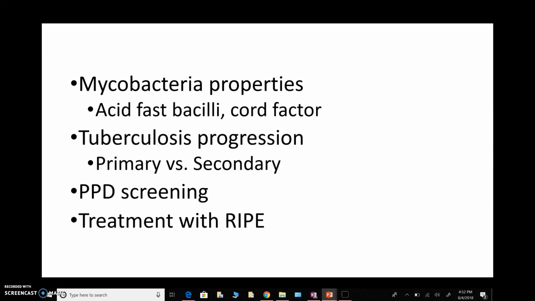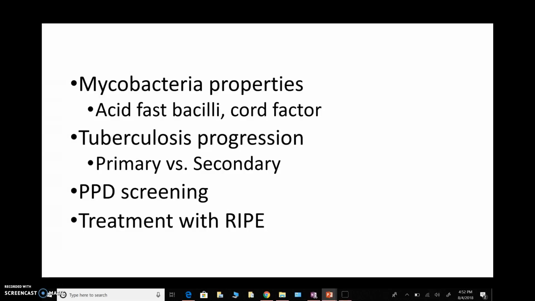So in summary, the things that we talked about was the mycobacteria properties. So remember that they're acid-fast bacilli. Keep in mind that cord factor creating that serpentine cord that you might see on culture. They might ask you a question about that. The tuberculosis progression. So remember primary versus secondary, with latent infection being the most common progression, and possibly reactivation.